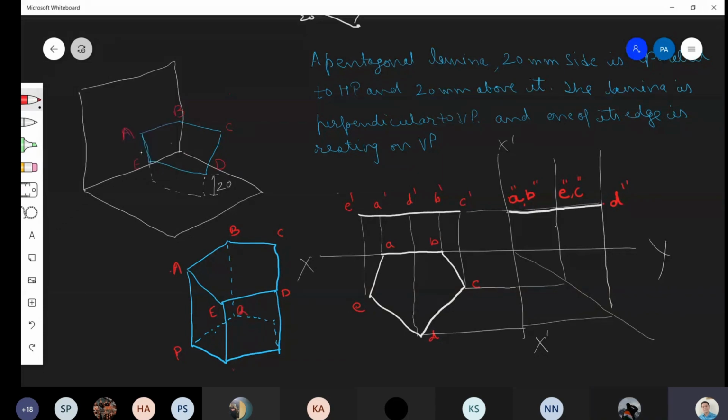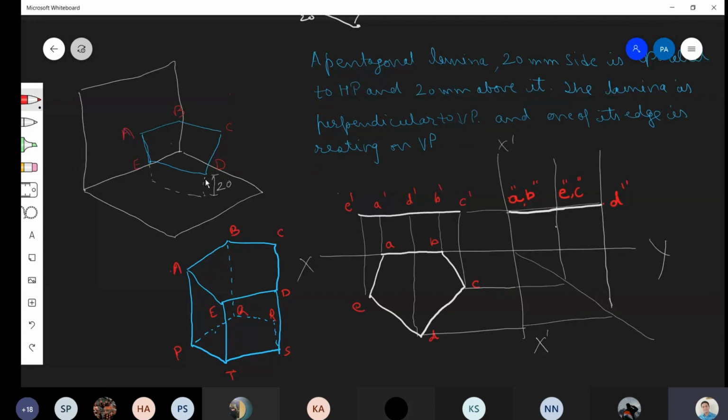Yes, sir. P, Q, then this is R, S, and T. Now see this. You have understood how to draw front view, top view, and side view. Now this is 20 mm above the HP.